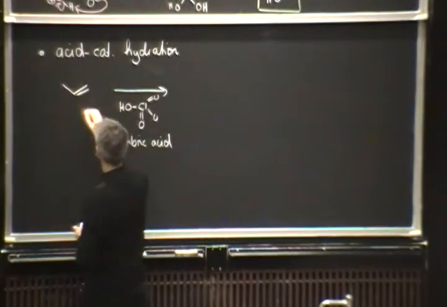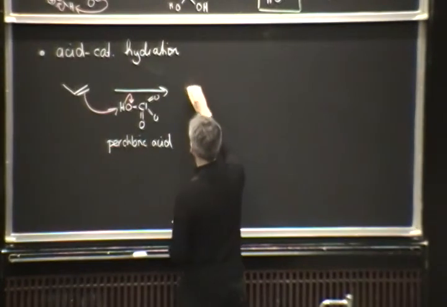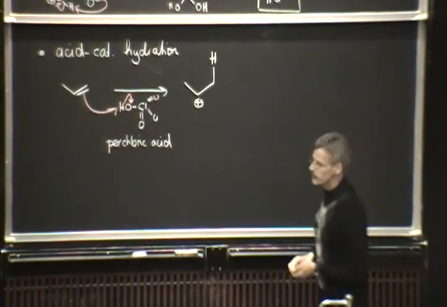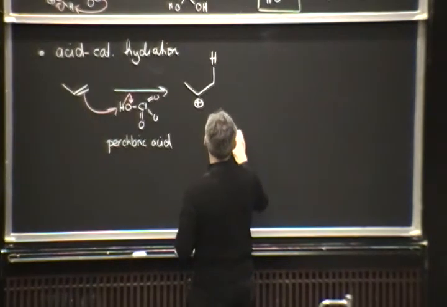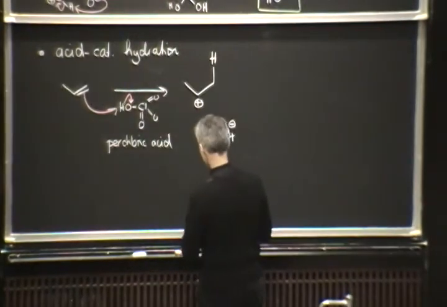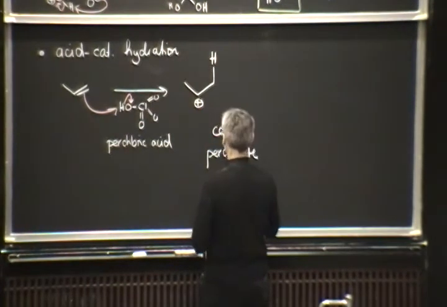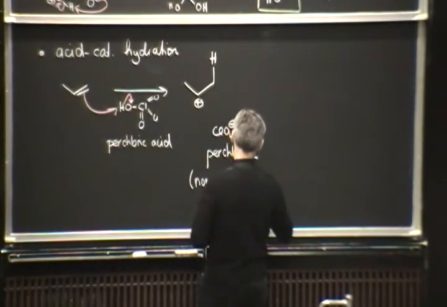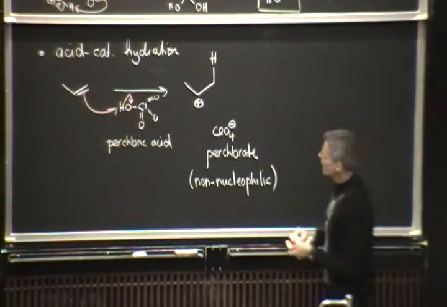Then again, I would protonate my double bond, formation of the secondary carbocation, which is more stable than the primary carbocation, and now I have ClO4 minus. This is perchlorate as a counterion. And perchlorate is non-nucleophilic. So there's no addition process until there's water.